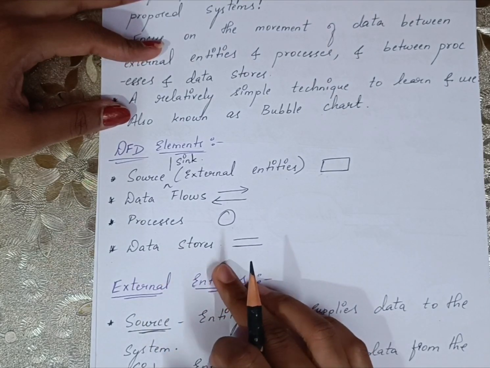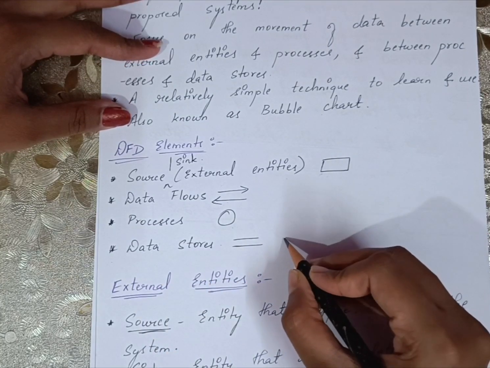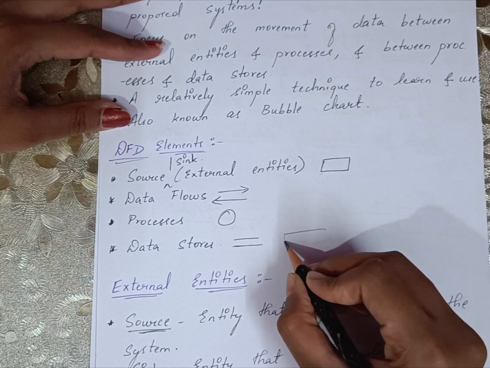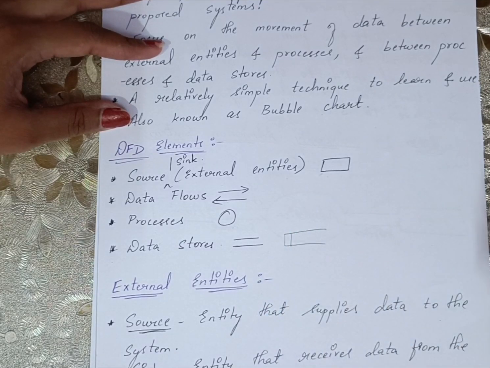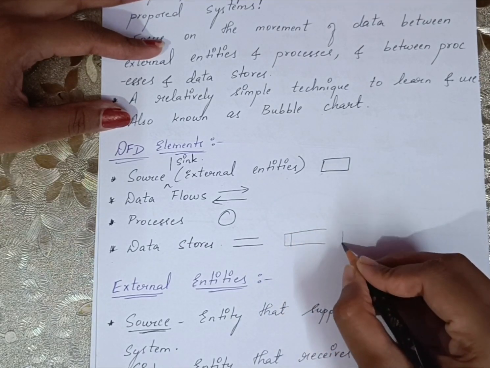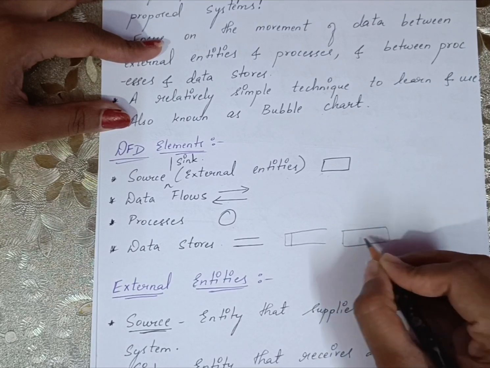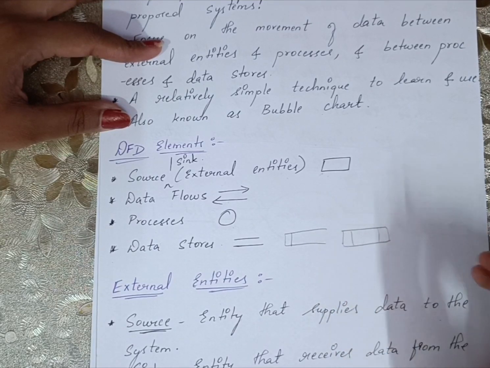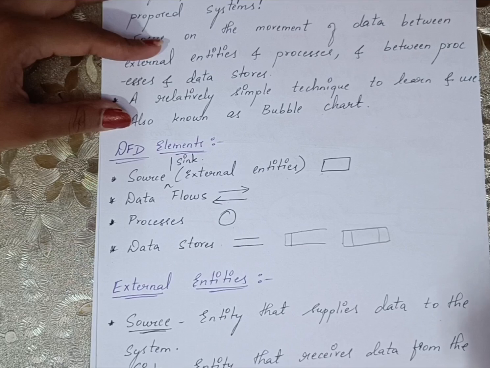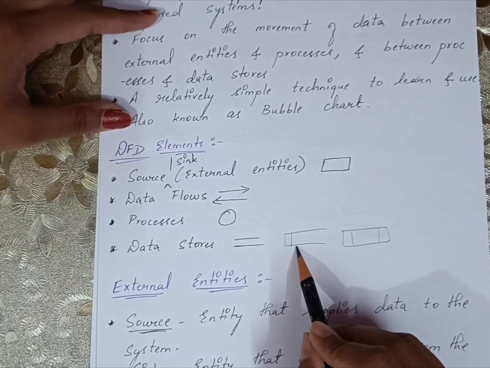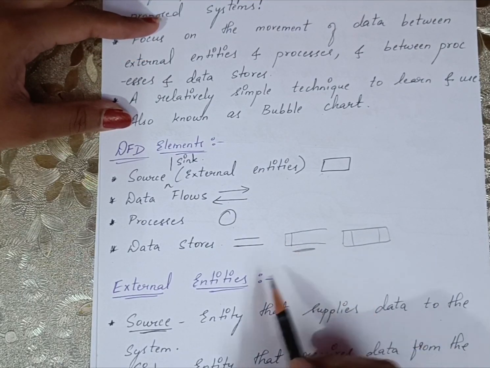And then data stores, for storing data. You might see some places they will use this kind of symbol, or also this kind of symbol. You can follow any one of these. Most of the time I have seen this kind of symbol.